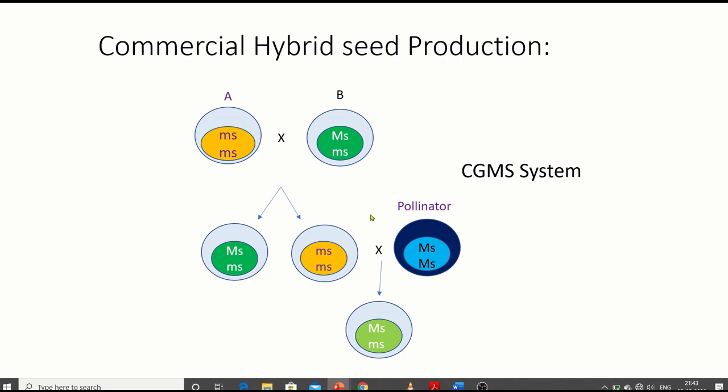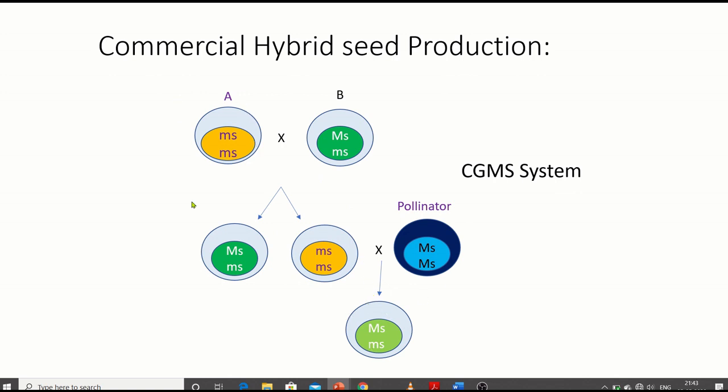So that's why it is important that we need a continuous supply of the male sterile line. And the pollinator parent, when it is crossed, will produce the hybrid.